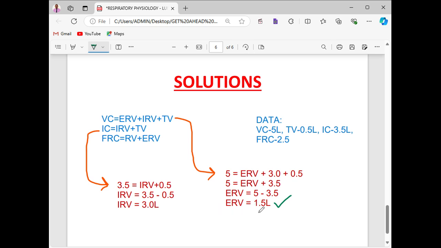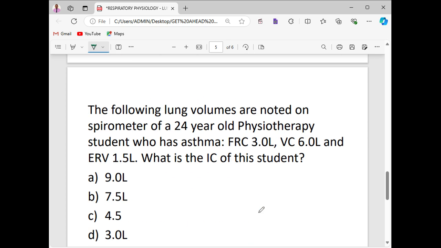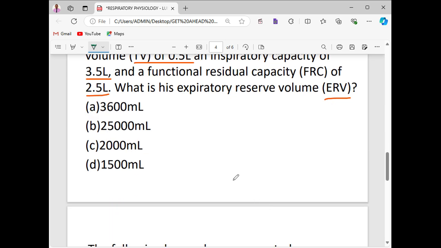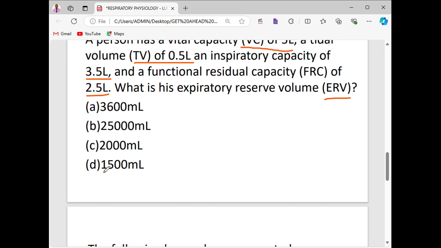So ERV is 1.5. When we go back to the question, that is in liters, and this is in milliliters, so you multiply by 1,000 and it will give you 1.5 milliliters. So this is our answer here.